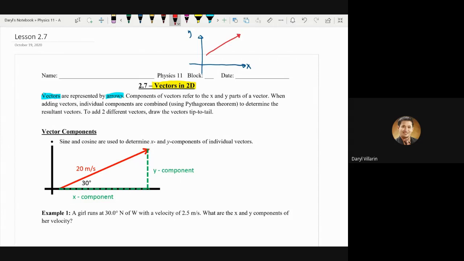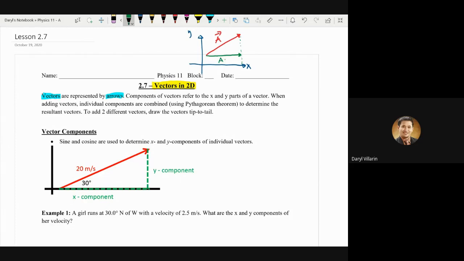If this is my vector A, this particular vector is made up of 2 components. One is along x, just a projection of your vector towards the x-axis.